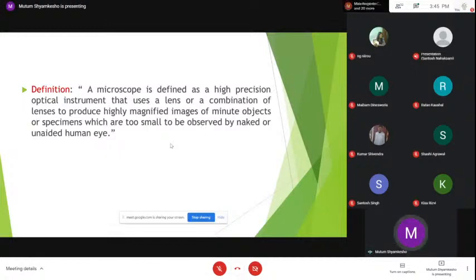However, this simple definition of a microscope does not hold true in recent years. A group of very sophisticated and very powerful types of microscopes, such as atomic force microscopy and scanning tunneling microscopy, have been manufactured and used.